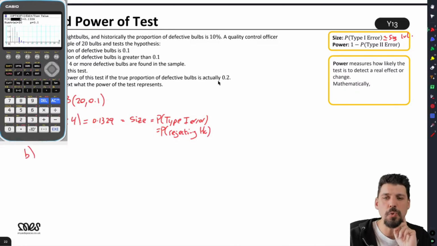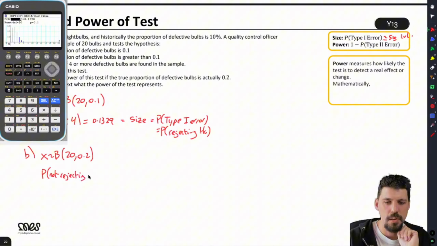Now, what if the actual true proportion of the defective bulbs is actually 0.2? Well, then X would have a binomial. Now, what is the probability of not rejecting H0? Well, if we were rejecting with 4 or more, we would not reject if X is 3 or less.